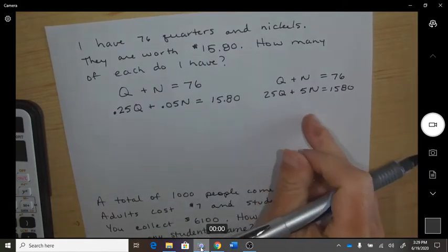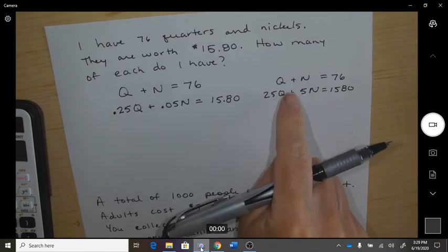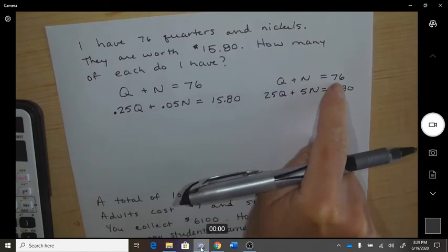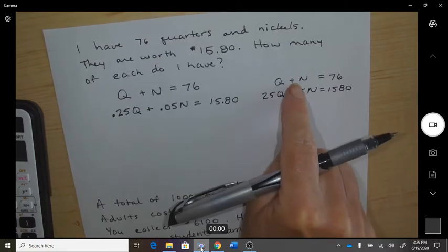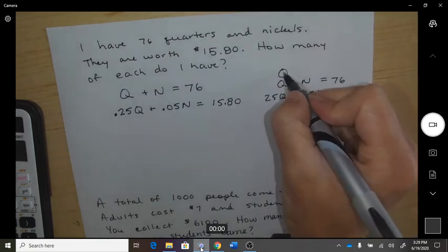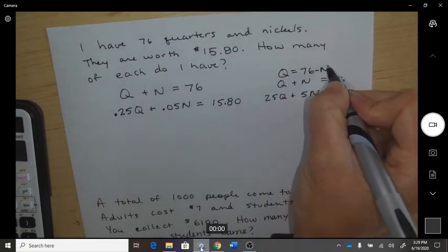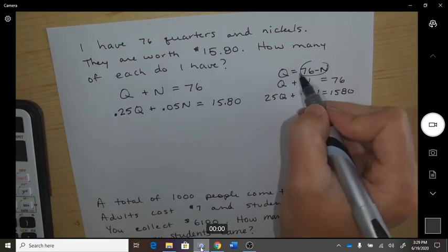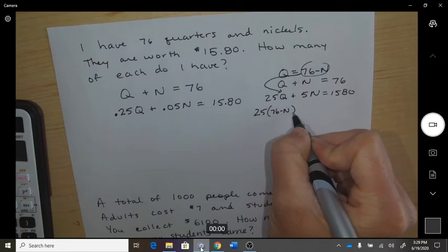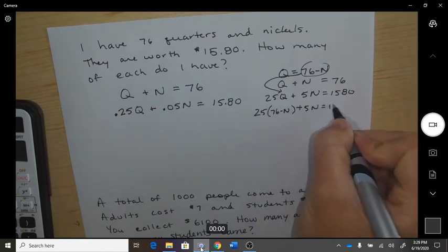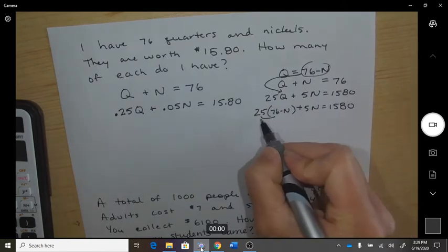So here I would say there's probably two really good options. You could times this line by 5 and set up for elimination, or you could substitute. Okay, you could solve for Q or N. So why don't we do substitution since we haven't done it? So Q equals 76 minus N. Okay, so distribute.